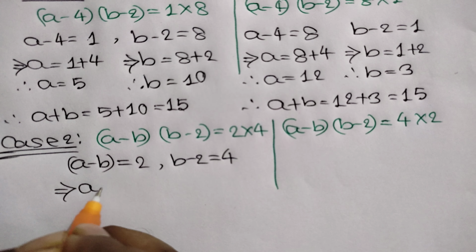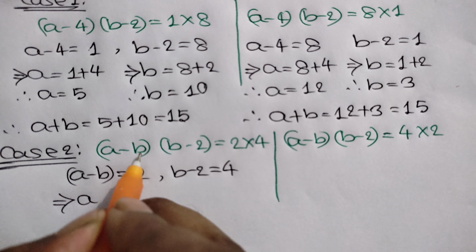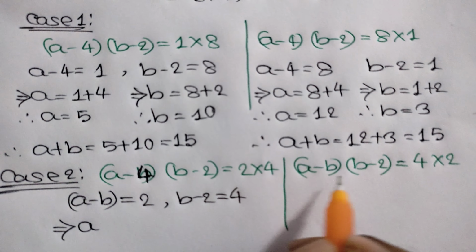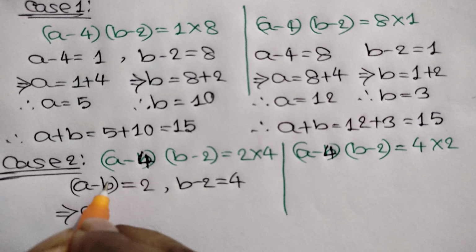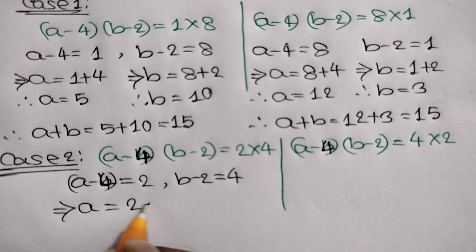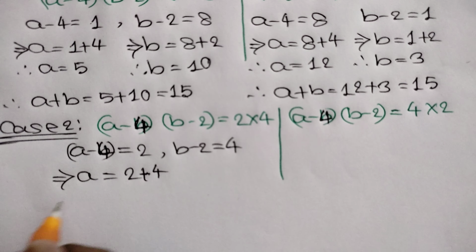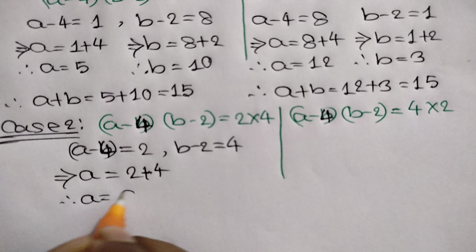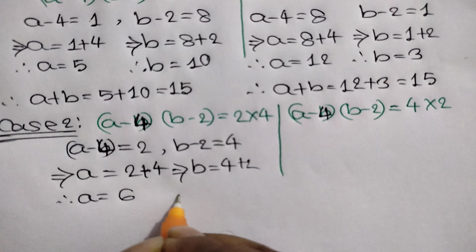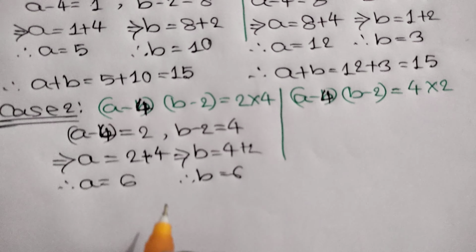So a is equal to 2 plus 4, so the value of a is equal to 6, and b is equal to 4 plus 2, so b is equal to 6.